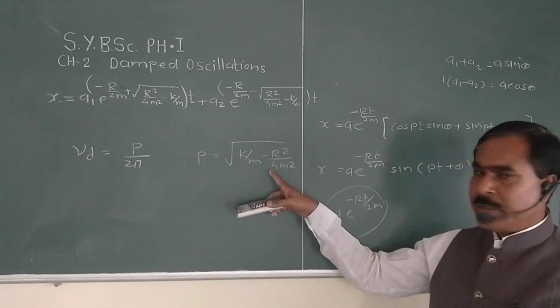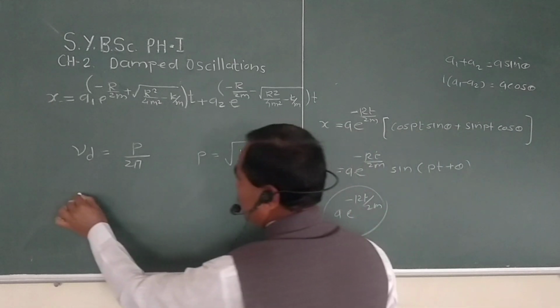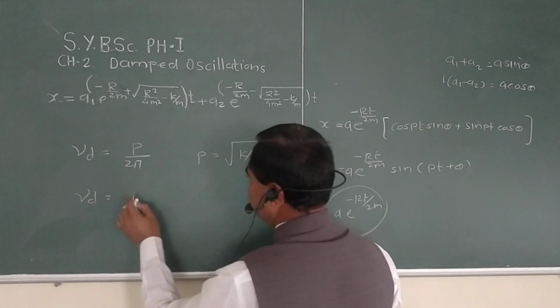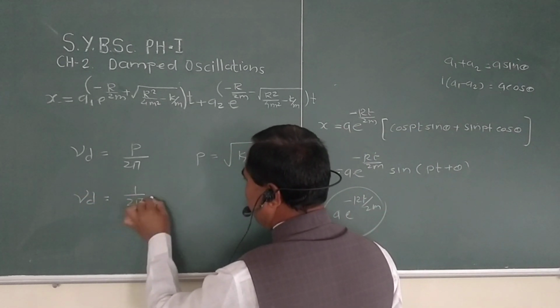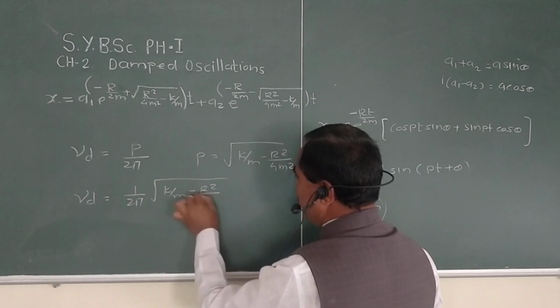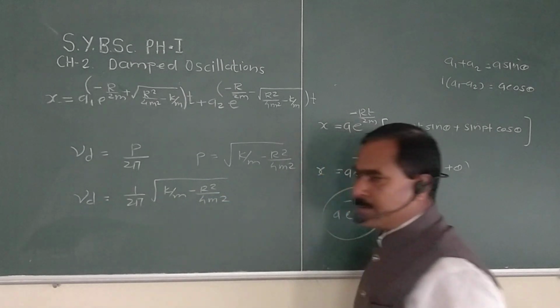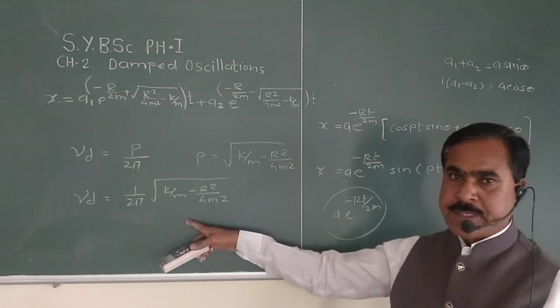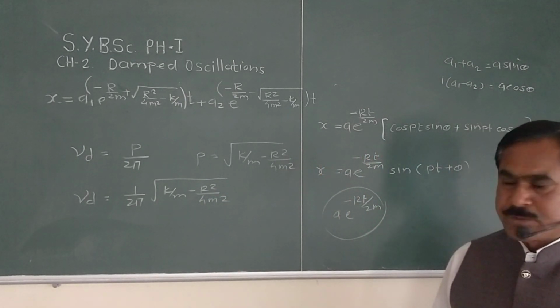So this is the value of P. Then we write nu d equal to 1 upon 2 pi root K by M minus R square upon 4 M square. This is the frequency of the damped oscillator.